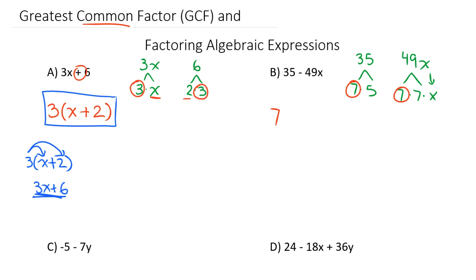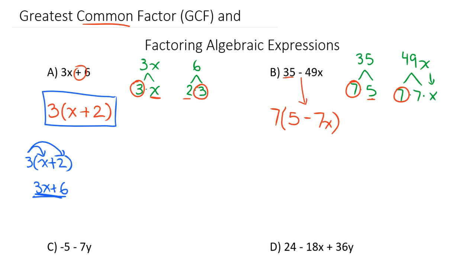So we write down our greatest common factor, and then we say, okay, what's left in the first one? 5. We're subtracting, minus 7x. Another way you could look at this is, once you get your greatest common factor, 35 divided by 7 is 5, and 49x divided by 7 is 7x.